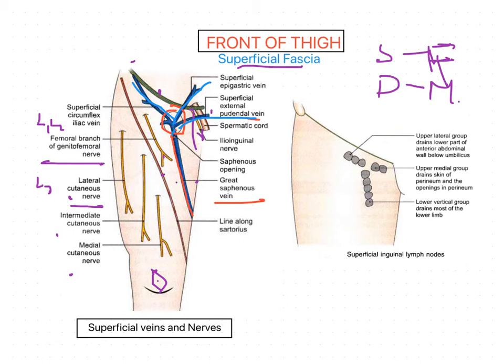Now we will move on to the superficial inguinal lymph nodes. These are arranged in a T shape, and here we can see one lower vertical group and an upper horizontal group.